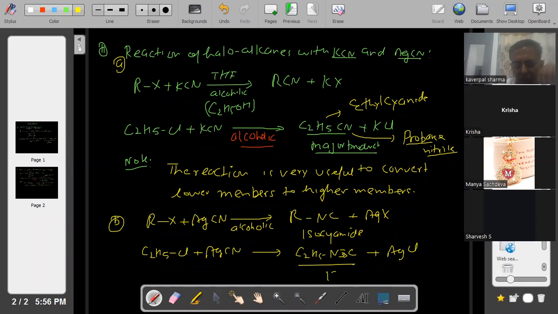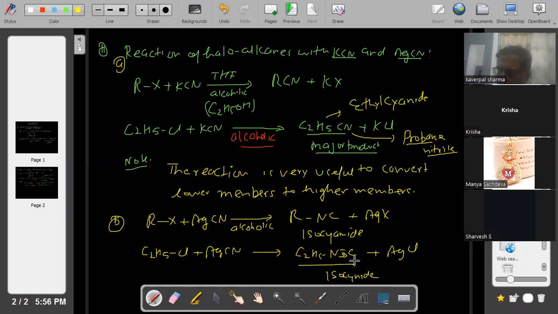This is isocyanide, or you can say isonitrile, ethyl isonitrile, or ethyl isocyanide. There are lots of names.